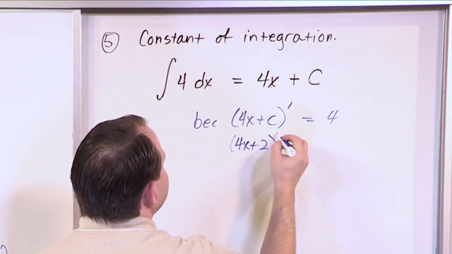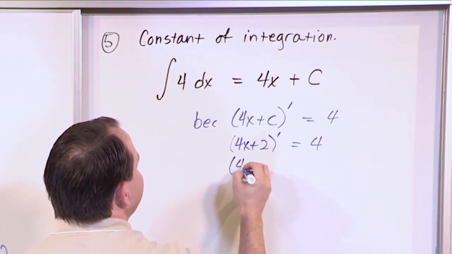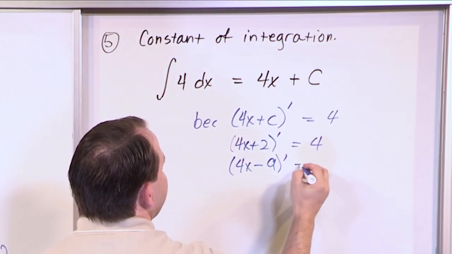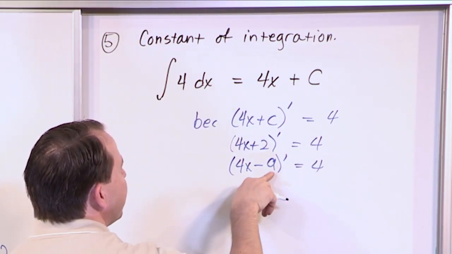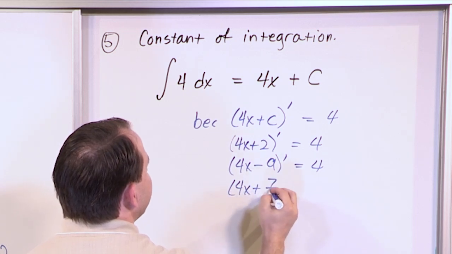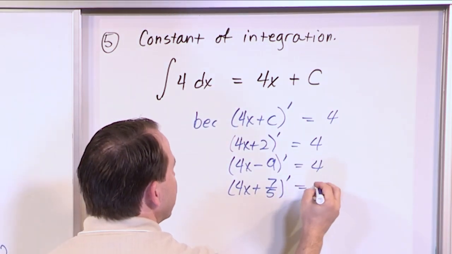Well, what's the derivative of this? The derivative is 4. I could have 4x minus 9. What's the derivative of this? The answer is 4, because the derivative of these constants is always going to be 0. What if I had 4x plus 7/5, some crazy fraction? Take the derivative, and the answer is still going to be 4.